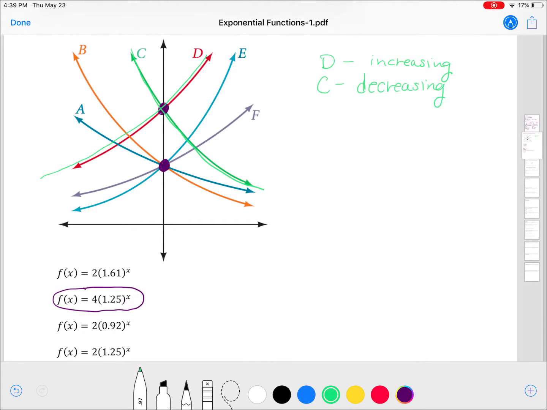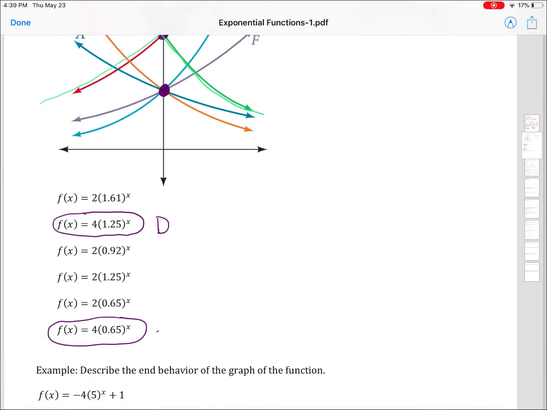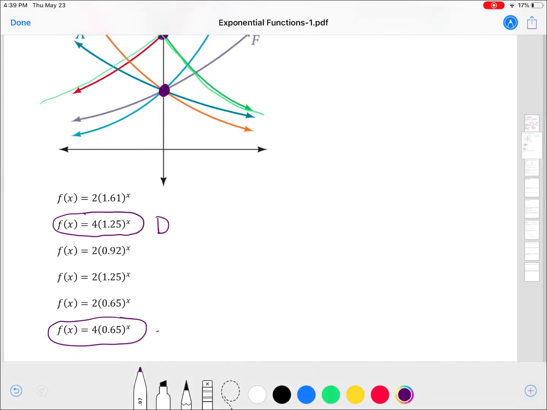So this is going to help us figure out which one is C and which one is D. Because I know my growth factor should be bigger than 1 if it's increasing. So that means this has to be D, and C would have to be this one down here, with a growth factor that is less than 1.